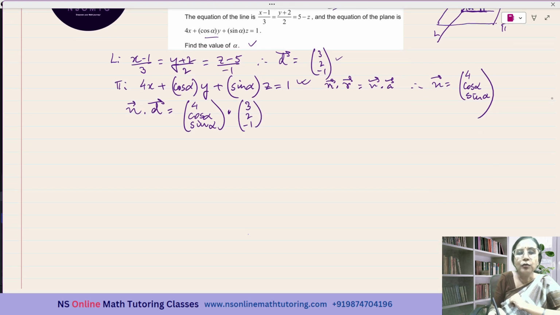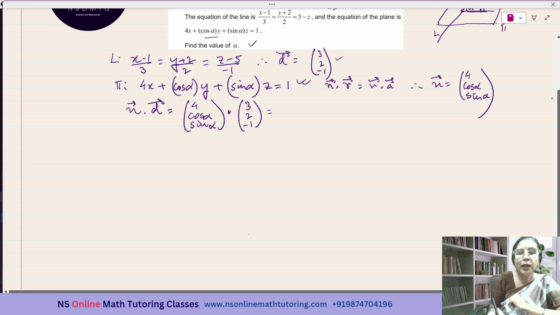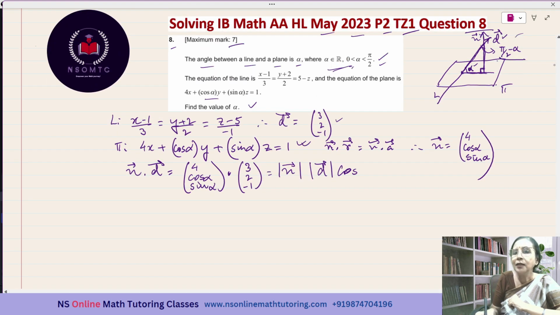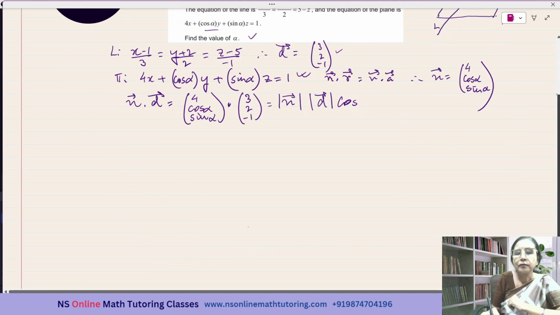And this should be equal to the magnitude of the normal vector times the magnitude of the direction vector, times cos of the angle between these two vectors, which is pi by 2 minus alpha. Now doing the dot product: 4 times 3 is 12, cos alpha times 2 is 2 cos alpha, and this is minus sine alpha.